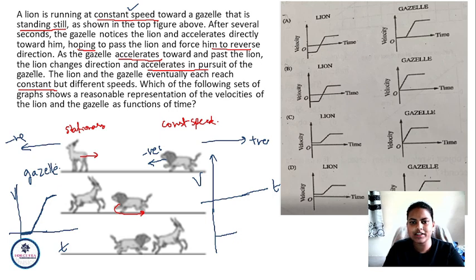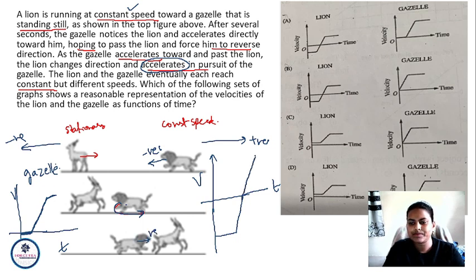The lion also accelerated, right? And after some time, when the gazelle hopped over the lion, the lion has to change direction. When there is a change in direction, the velocity goes from the negative direction to the positive direction, isn't it?